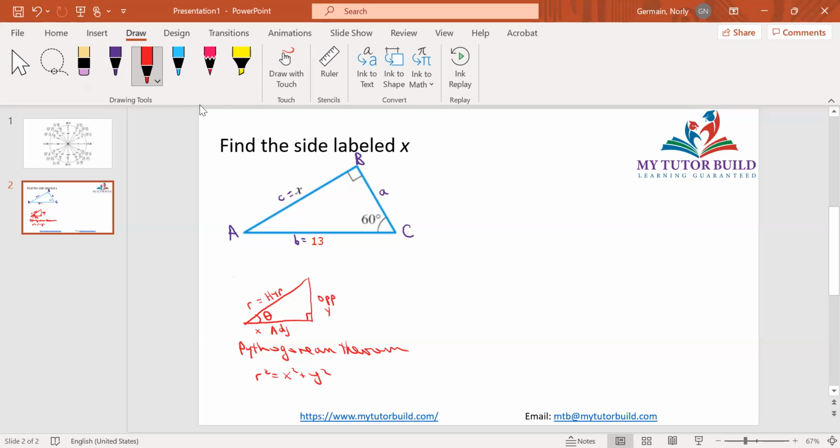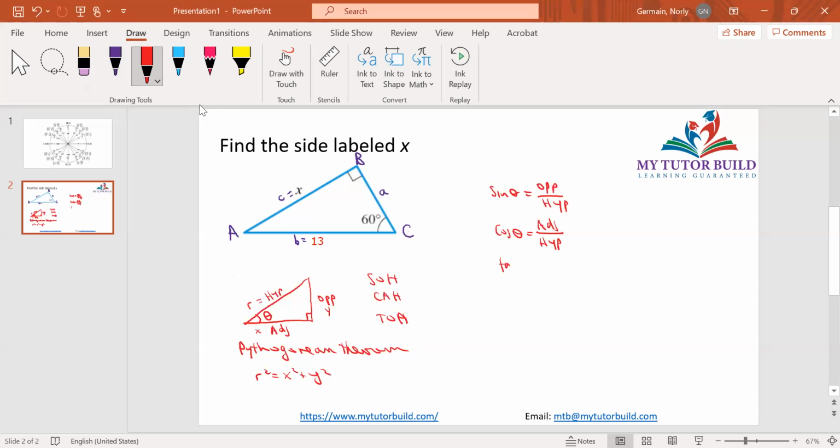But at the same time, because it's a right triangle, we can use what we call SOHCAHTOA. Whenever we have a right triangle, the sine of the angle is equal to the opposite side over the hypotenuse. Cosine theta is adjacent over hypotenuse.